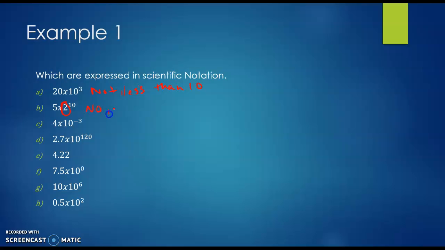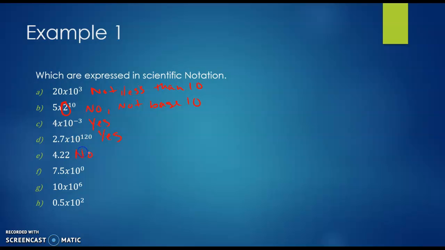So it's a no, not base 10. 4 times 10 to the negative 3, that one is. We have a single digit between 1 and 9 and a base 10. So that's a yes. 2.7 times 10 to the 120th, that is also a yes. We have everything that we need for that one.